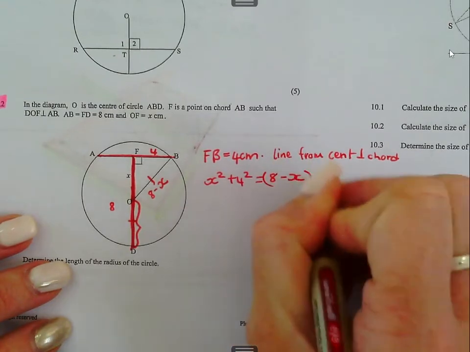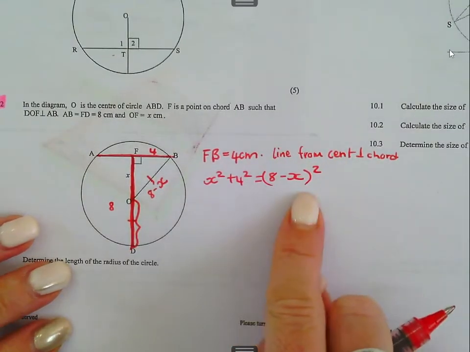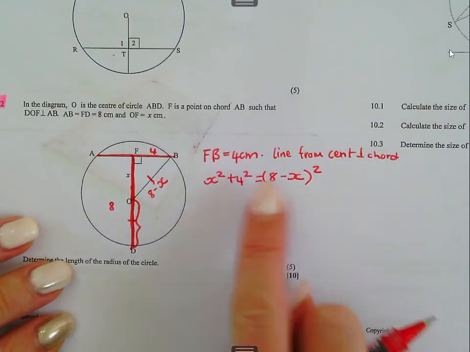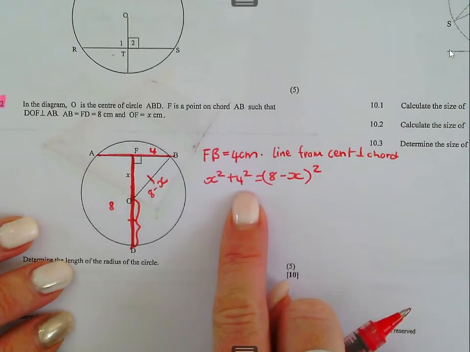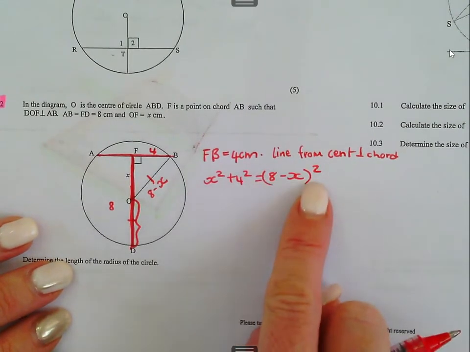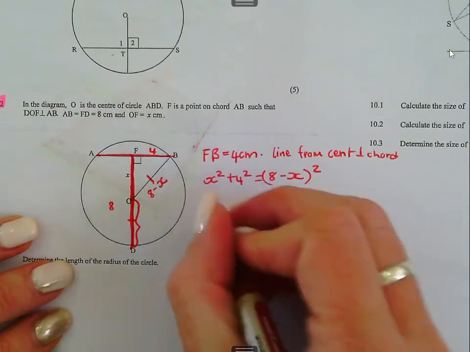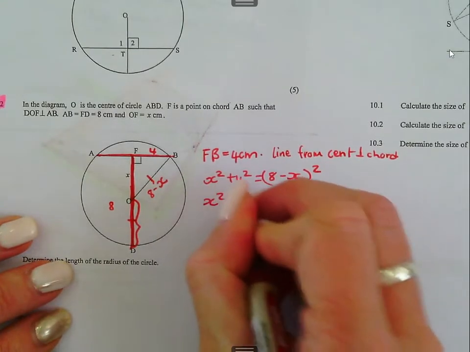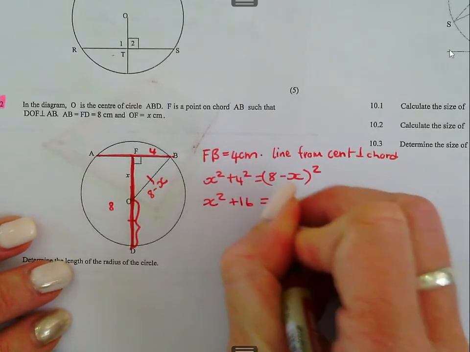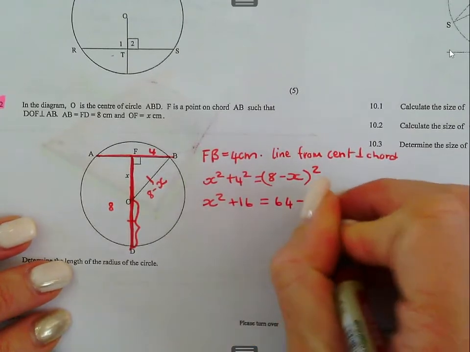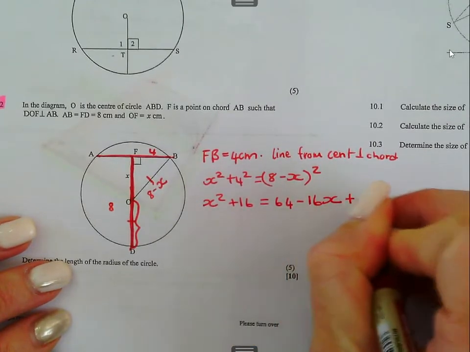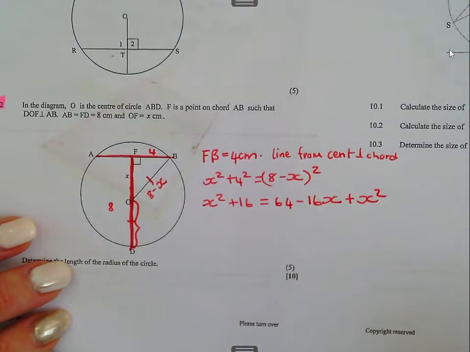And this is the classic grade 11 catch, where when you square a bracket with two terms, it's not going to be 64 plus x squared, no? It is going to be 64 minus 16x plus x squared.